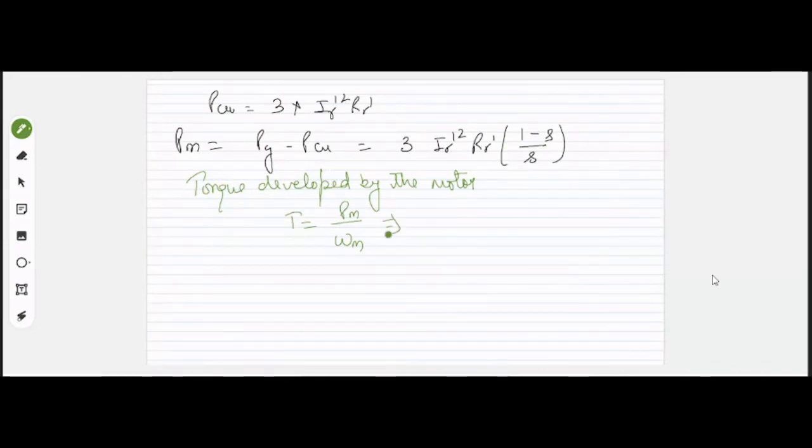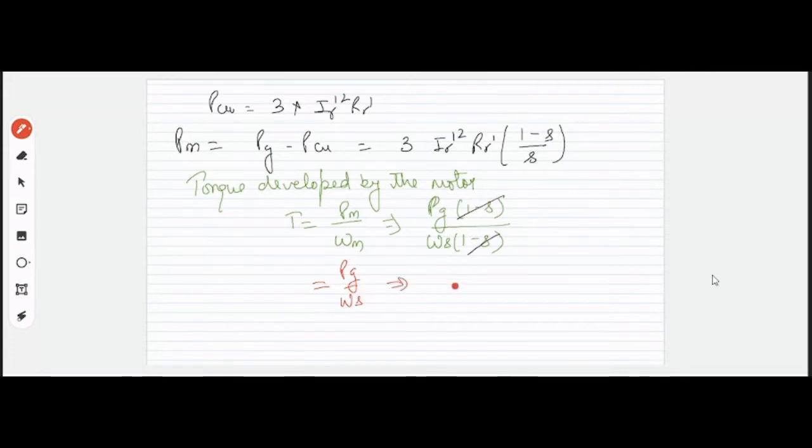Now this Pm, the mechanical power, is Pg into (1 minus S), whereas omega m is omega S into (1 minus S), right? If we cancel out these two, we'll get that T is also equals to Pg by omega S. It's the ratio of the air gap power to the angular synchronous speed.